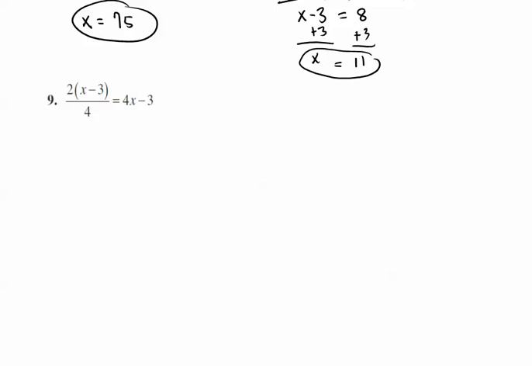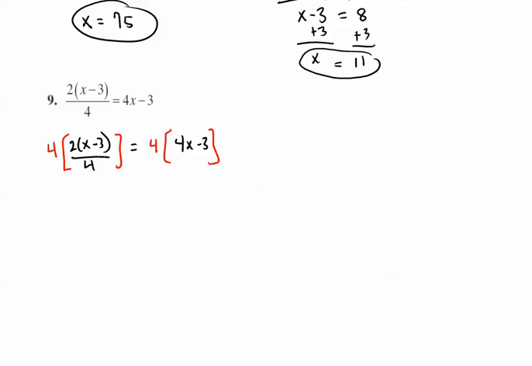With problem number 9, we again have a fraction, and so one easy way to deal with this is to multiply both sides by the common denominator, which happens to be 4. And so we will have 2 times x minus 3 over 4 multiplied by 4 on the left side, and that's equal to 4 times 4x minus 3 on the right side.